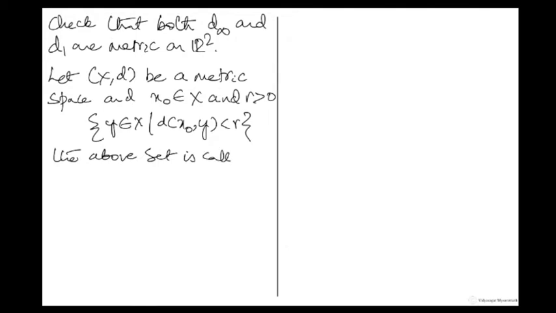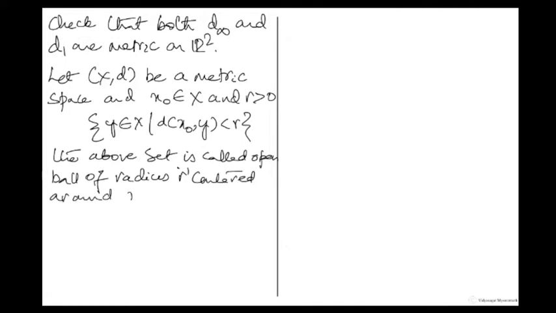is called the open ball of radius r centered around the point x0, and it is usually denoted by the notation B_d(x0, r), and it has to be read as open ball of radius r centered around the point x0.